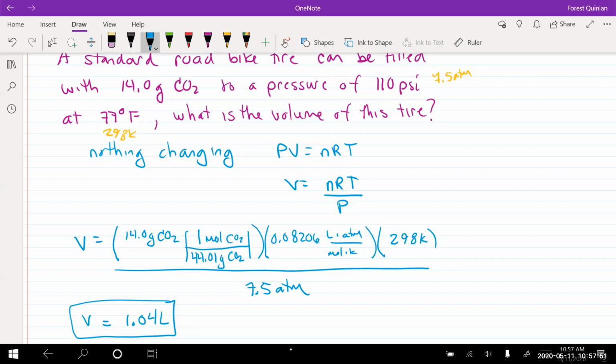I was always amazed that when I would look at those cartridges, they would say 14 grams of CO2, and I'm like, why are you doing that? Why would you sell me a mass of gas? And then it dawned on me, because what they're going to assume is that you're at nominal temperatures and you want to get it to this pressure. This is how much gas would fit in there.